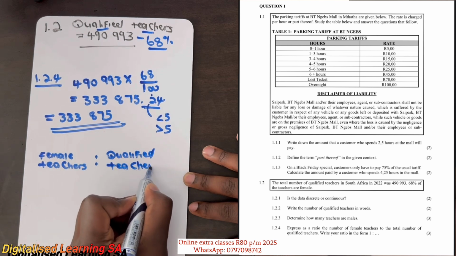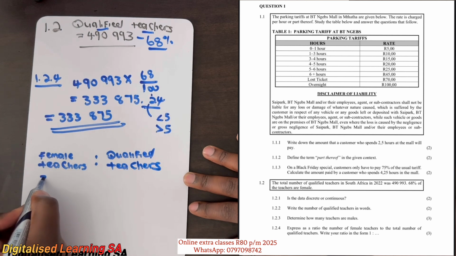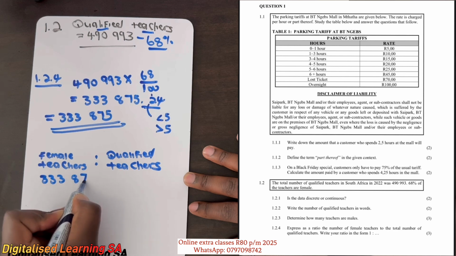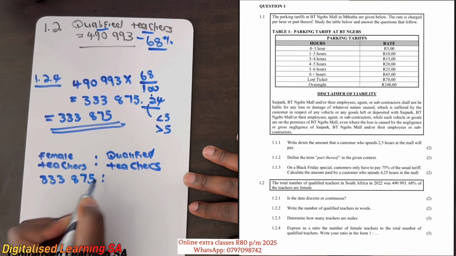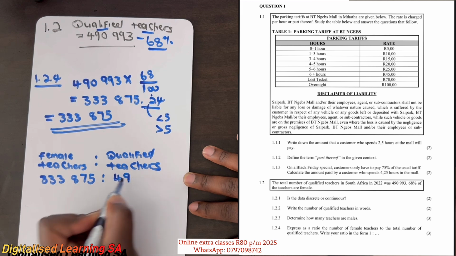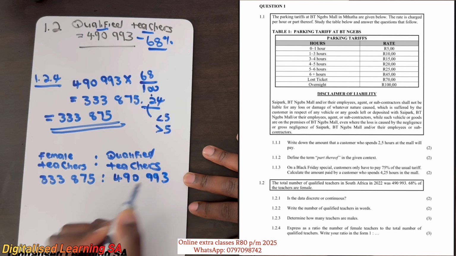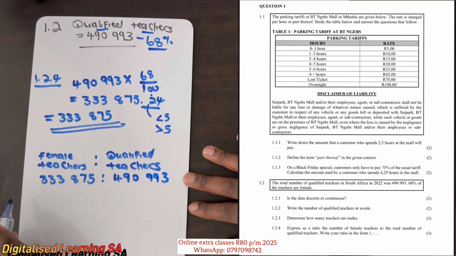And we know that the number of our female teachers is 333,875, is to the number of qualified teachers, which is 490,993.